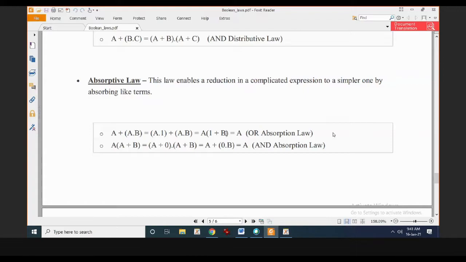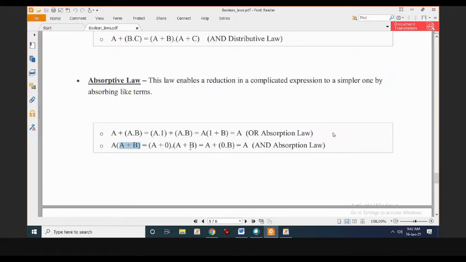And then A into 1, that rule also we saw: anything into 1 is the same as the other input, that is A. So this is for OR, and similarly for AND, you can see here A and of A or B. Again, A plus 0 is same as A, so I have used A plus 0 for this first A, ANDed with this term, A dot A or B. Now you can take out the things common, and finally it comes out to be again A.